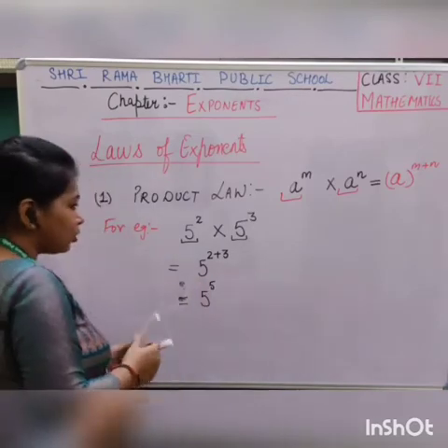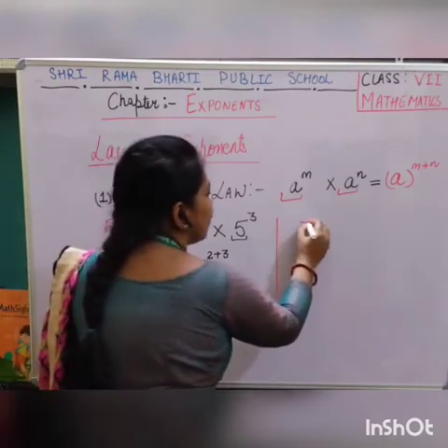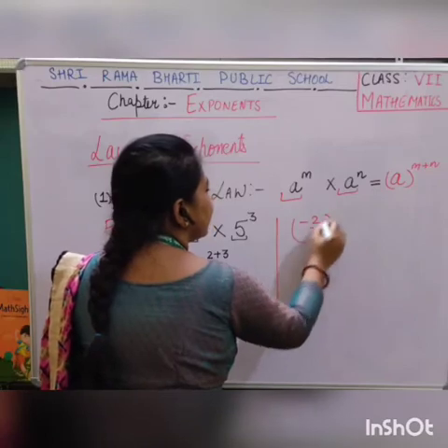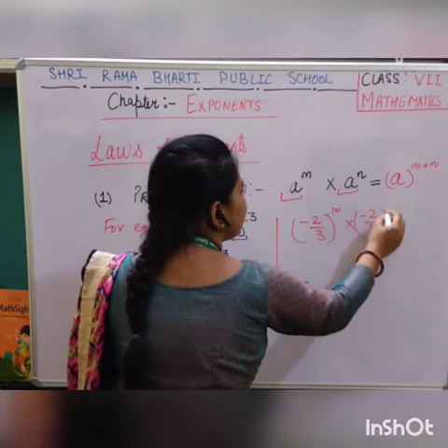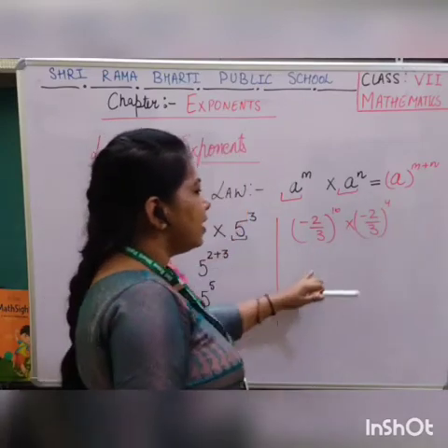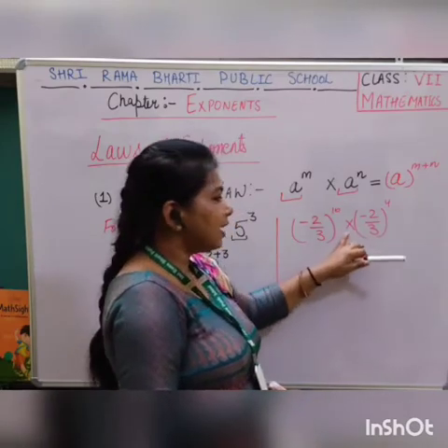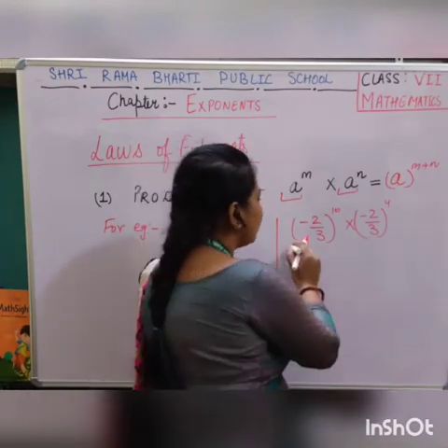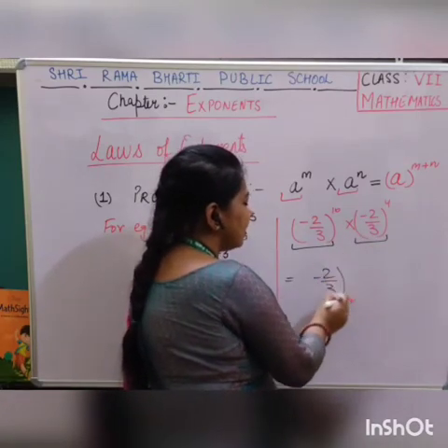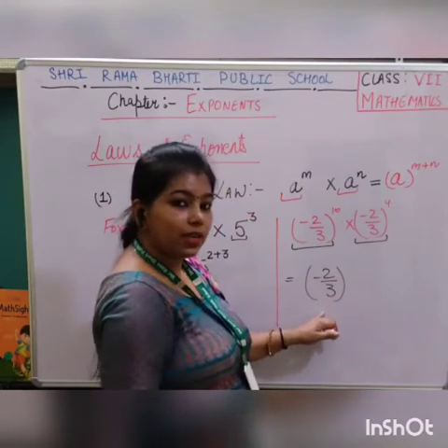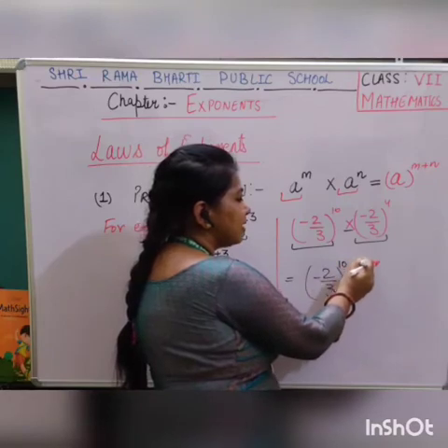One more example I will show you. Let's suppose minus 2 by 3 raised to the power 10 multiply minus 2 by 3 raised to the power 4. Right? Here also we can observe that the bases are same and they are multiplying. So we will write single base as minus 2 by 3 and since they are multiplying, we will add 10 plus 4.